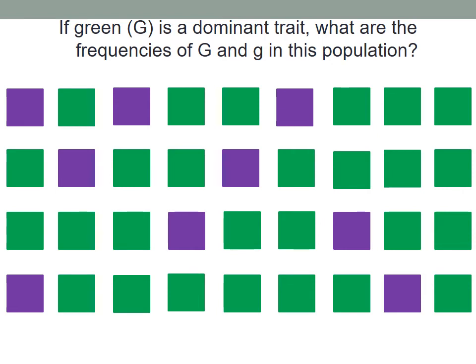Hopefully you counted 9 purple squares. So we know that 9 squares have a little g association. That means that q squared equals 9 divided by 36.